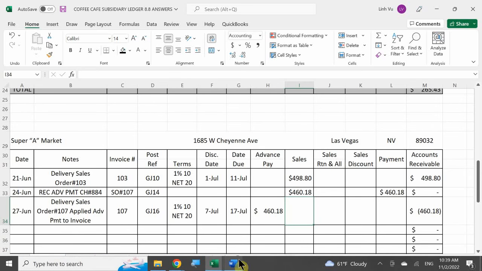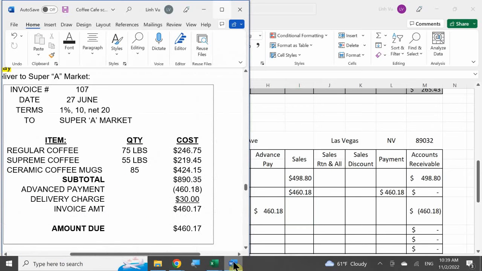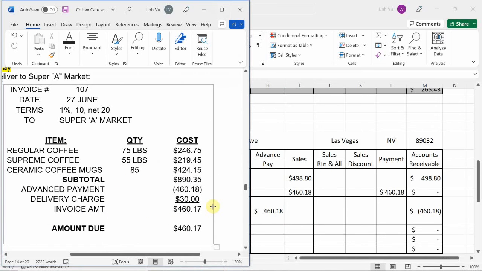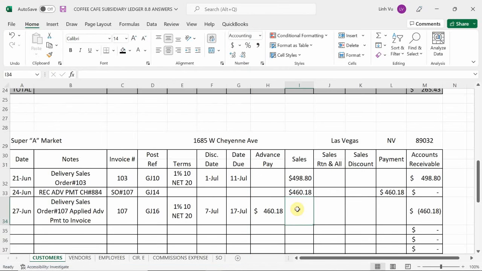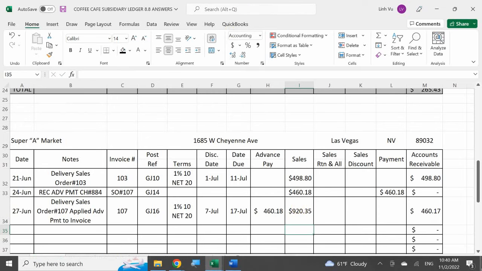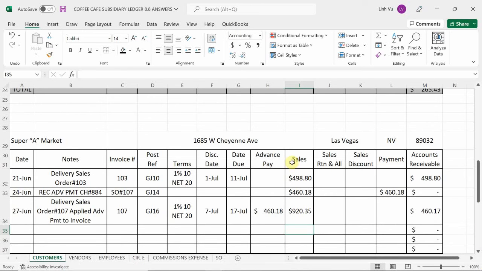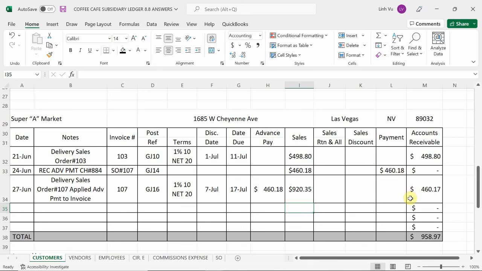How much did we actually charge? 890.35 plus the $30 charge. 920.35.